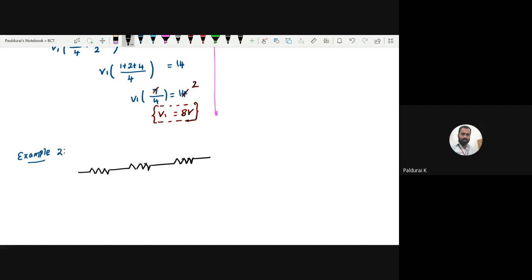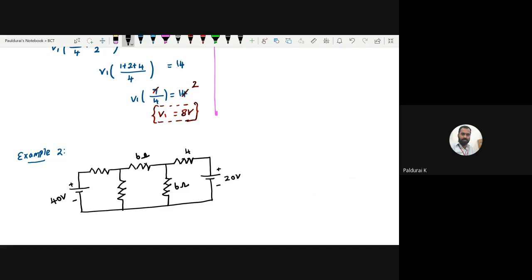Three loops, right? Now take this. This is my 40 volt source, and this is a 20 volt source, and these both are 6 ohm, and this is my 4 ohm, and this is my 8 ohm, and this is my 2.